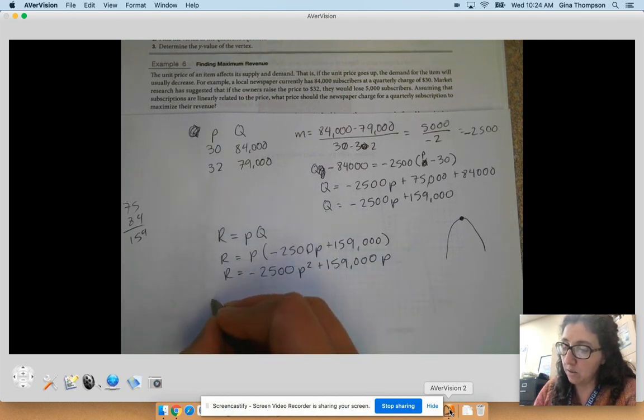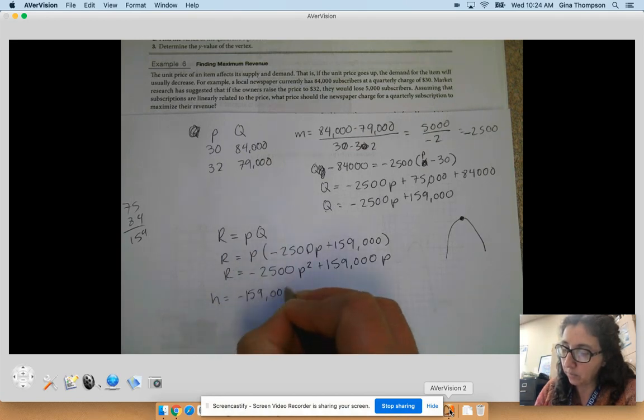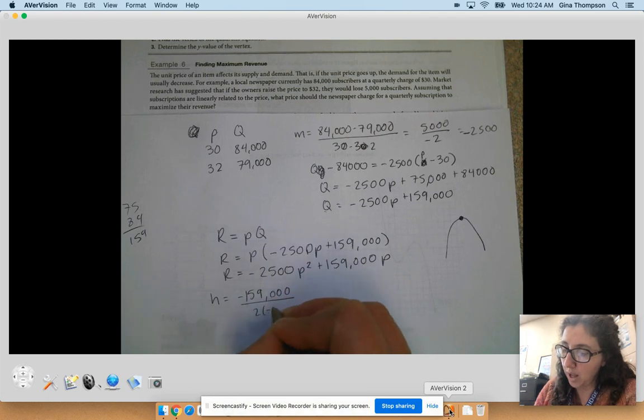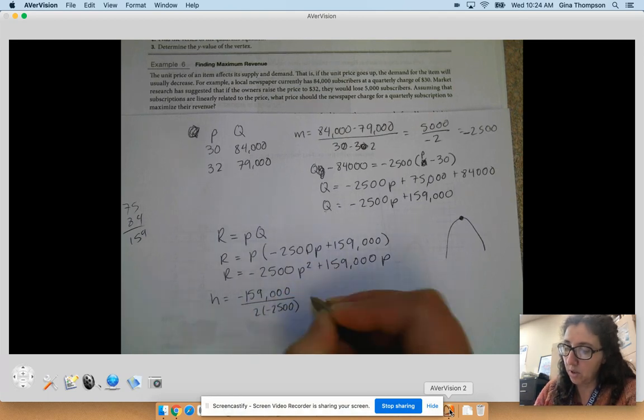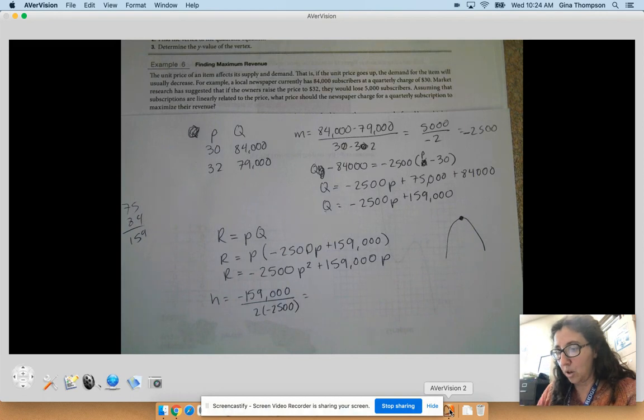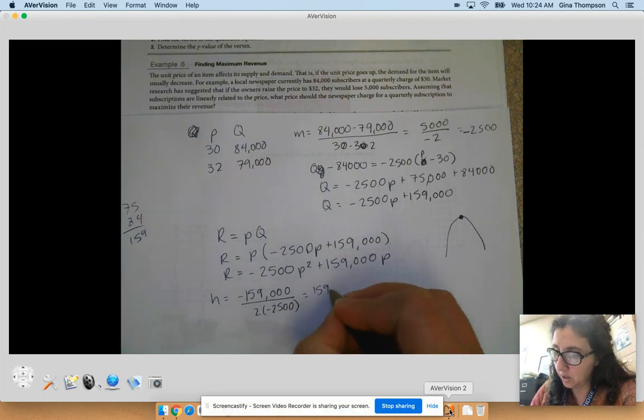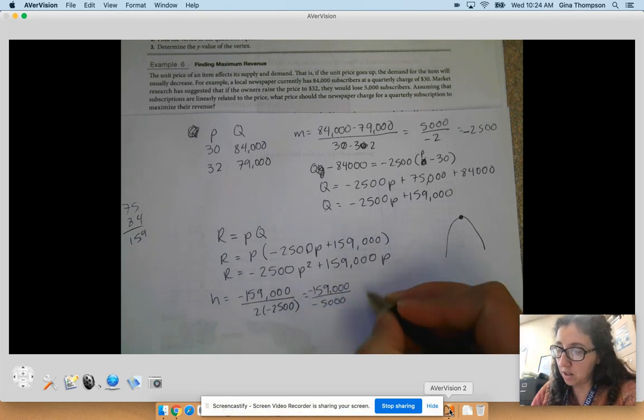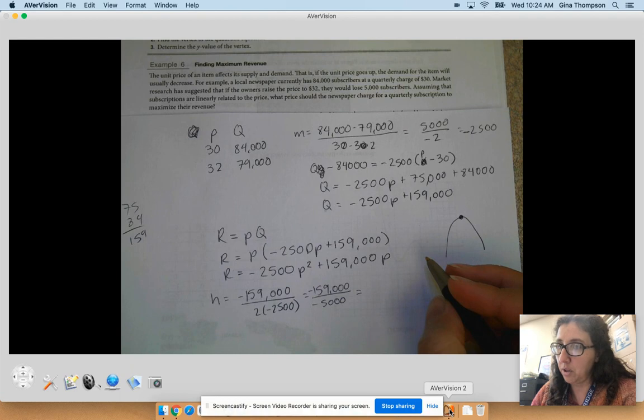The h value is going to be minus b over 2a. So minus 159,000 divided by negative 5,000. And I'm going to cheat.